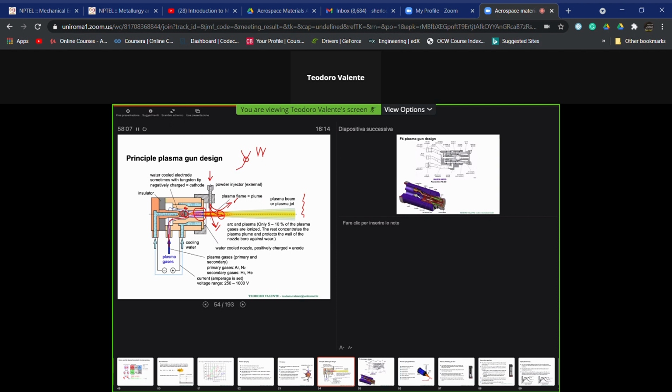And it is important to do the substitution of the cathode when the geometry profile is very altered, because that implies not a good formation of the plasma system and thus of the spraying process. The cathode lifetime is of the order of, let me say, 100 hours.